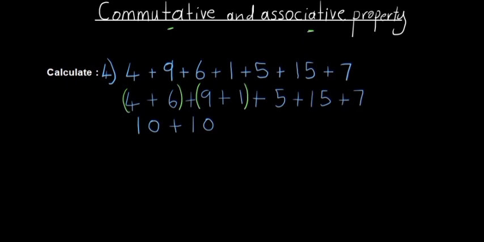And that pair is this one. So that means we're going to add a 5 to a 15 to get a 20.